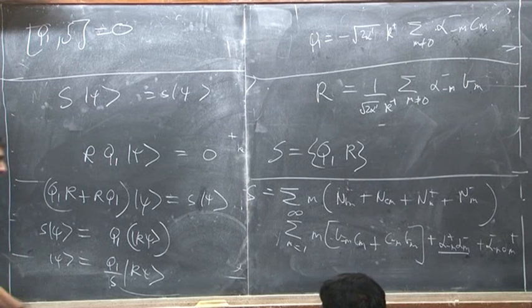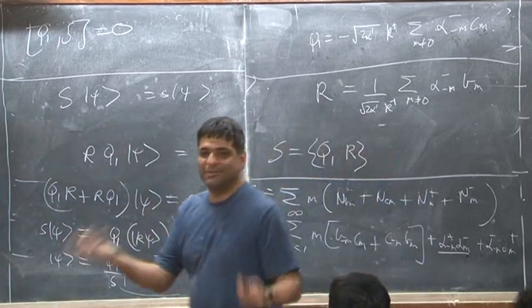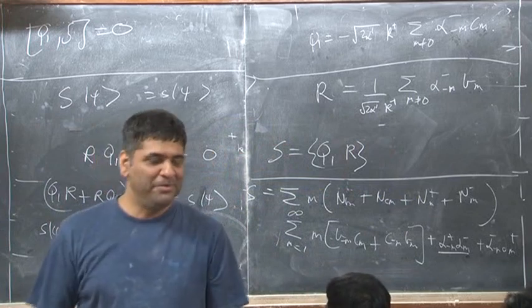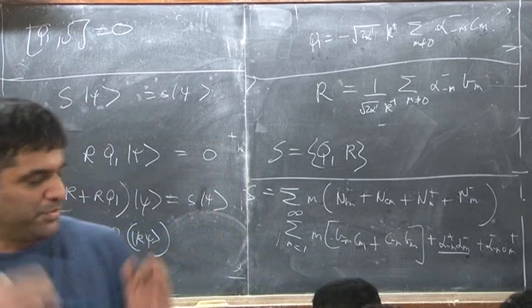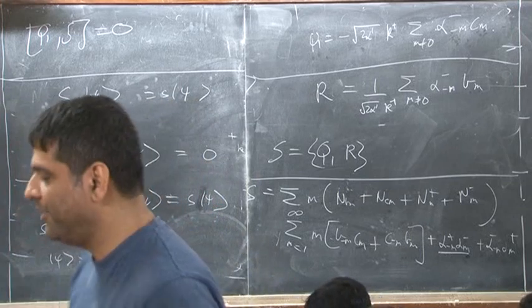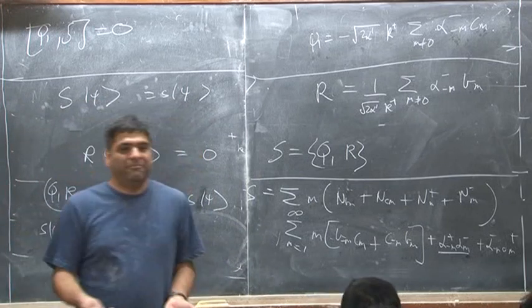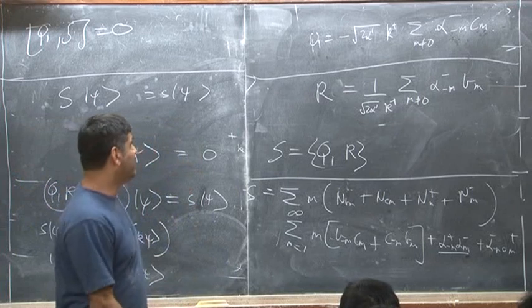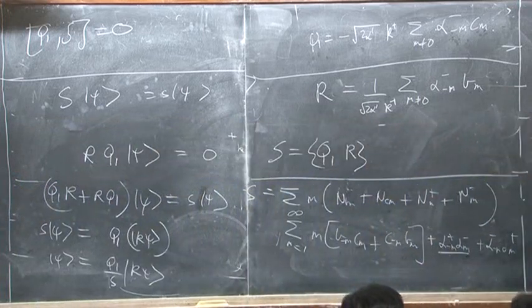And the proof is very much like what we had for the tachyon. Because the action of Q1 does not change S, we just work at S equal to 0, calculate what happens when you have Q1 on any S equal to 0 state, and you see what you get. But the point is that we always get 0.